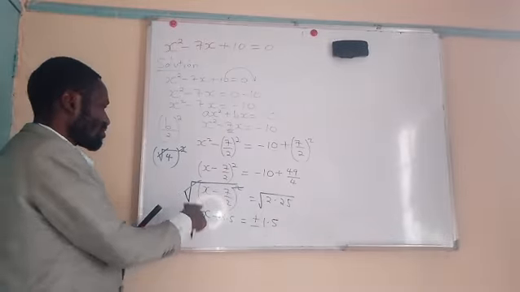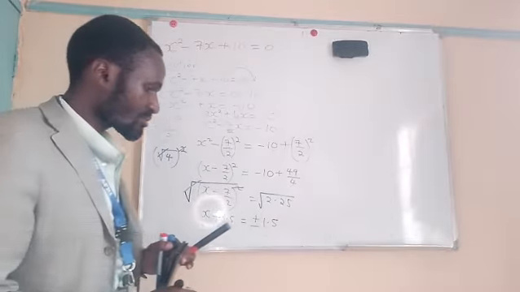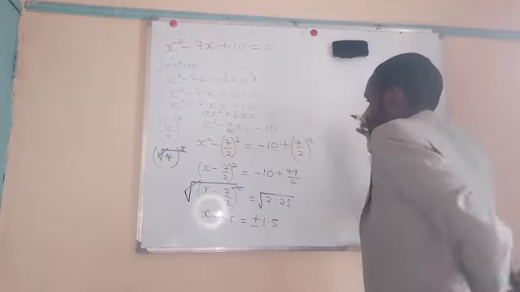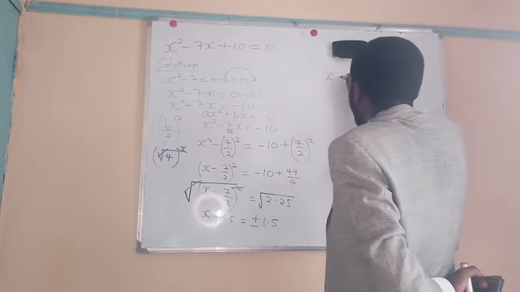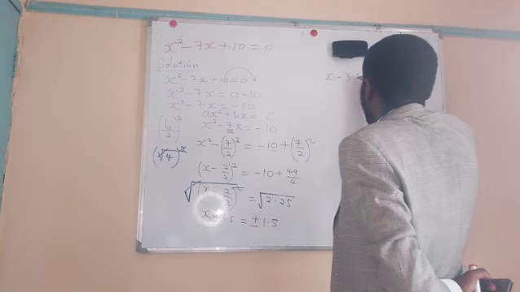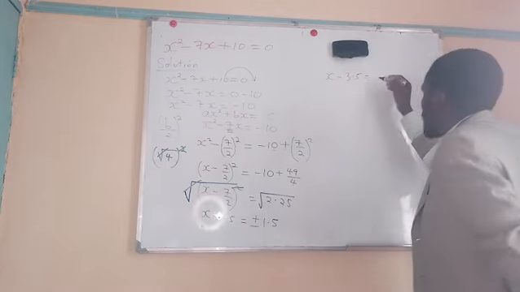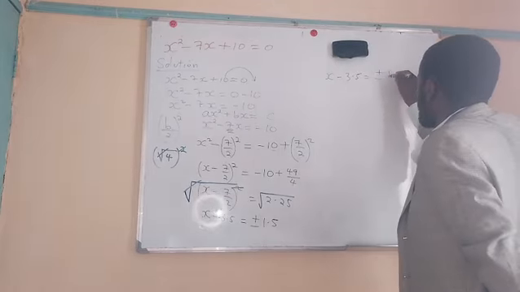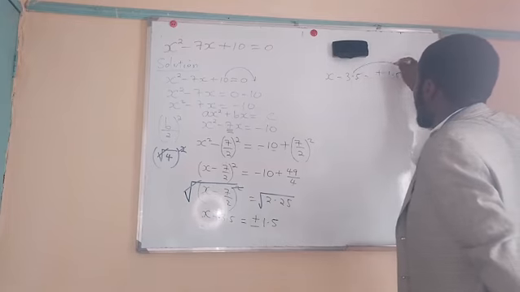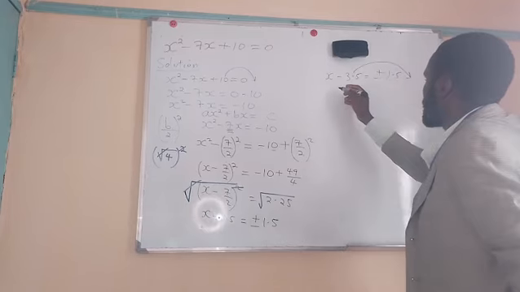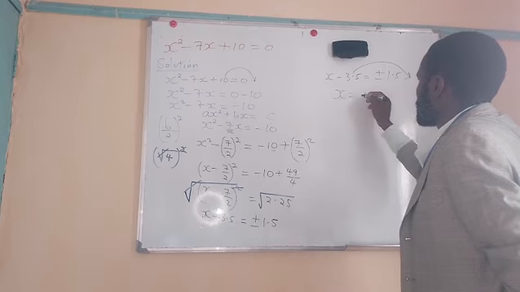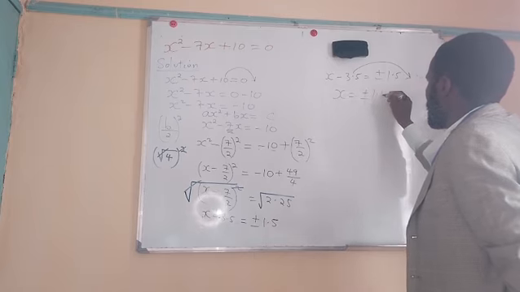Now we want to get the values of x. We say x minus 3.5 is equal to plus or minus 1.5. We take 3.5 onto this other side of the equal sign, so we'll be left with x is equal to plus or minus 1.5.